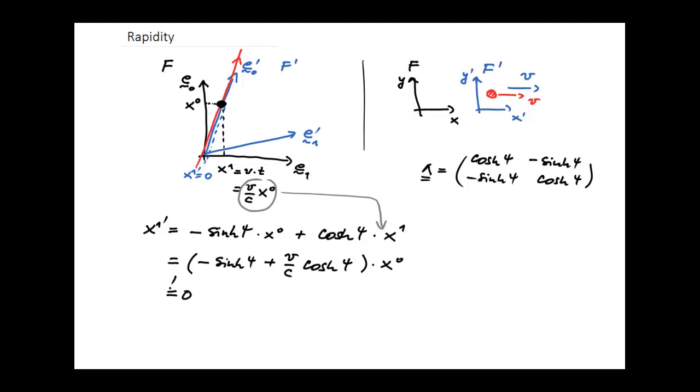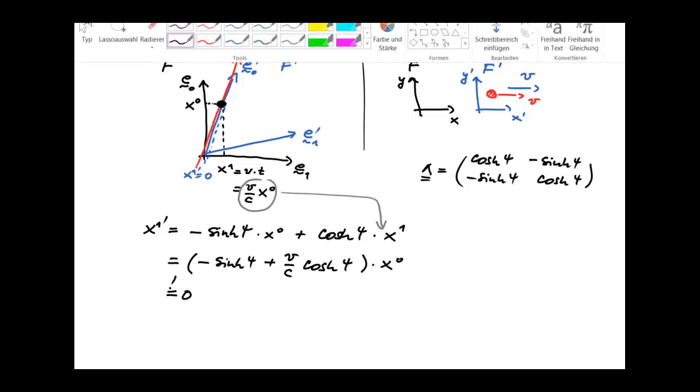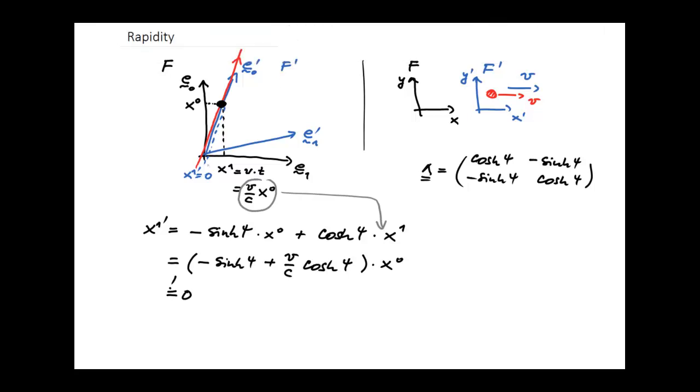But at the same time we know from our simple sketch that x1 primed is equal to 0 because in the co-moving frame the object is at rest. So x1 primed is always 0. This is what we wrote up here. x1 prime of the event is 0, and that's precisely what we are using here.